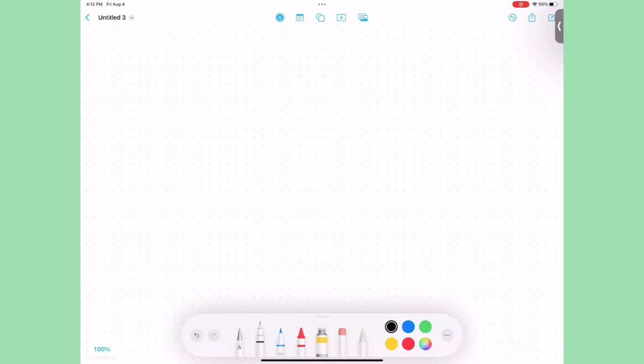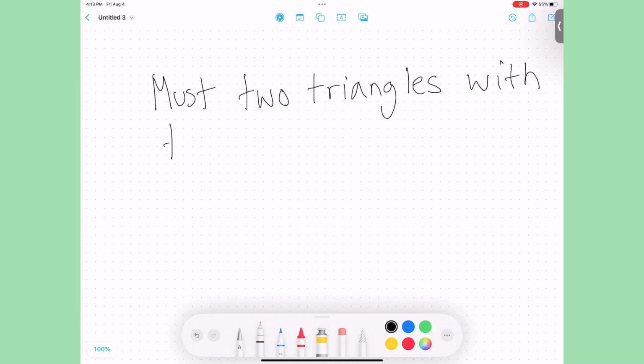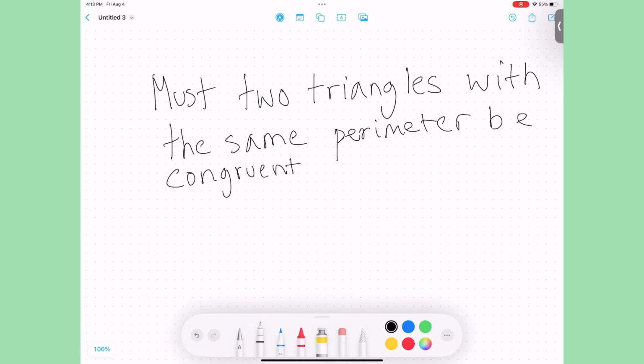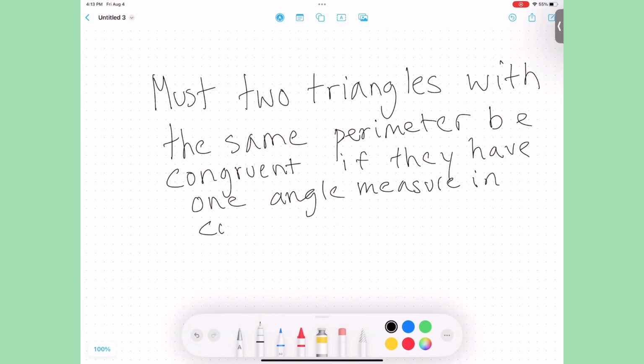Basically, now this is more of a conceptual problem, but you guys can read my handwriting, right?